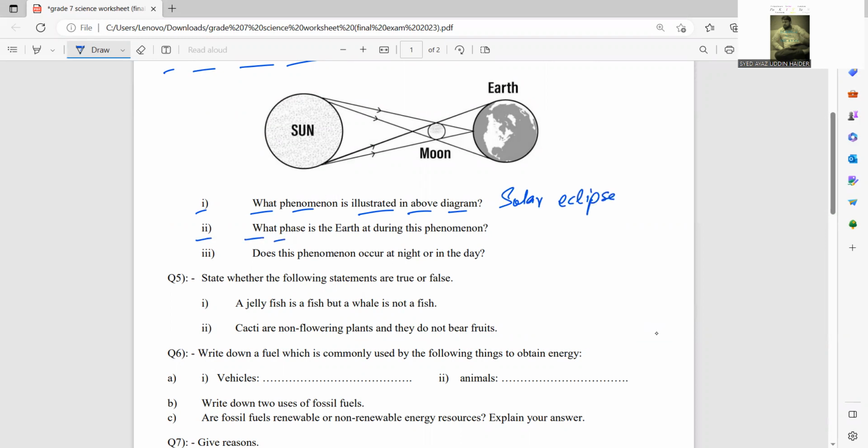Number 2, what phase is the earth at during this phenomena? The day turned dark and temperature drops. Does this phenomena occur at night or in the day? Definitely daytime.